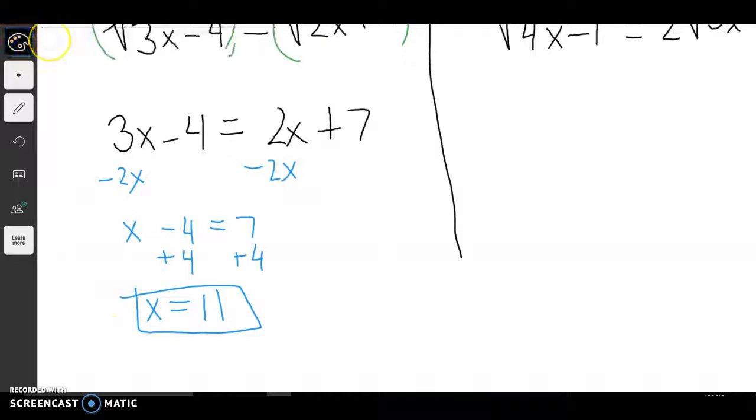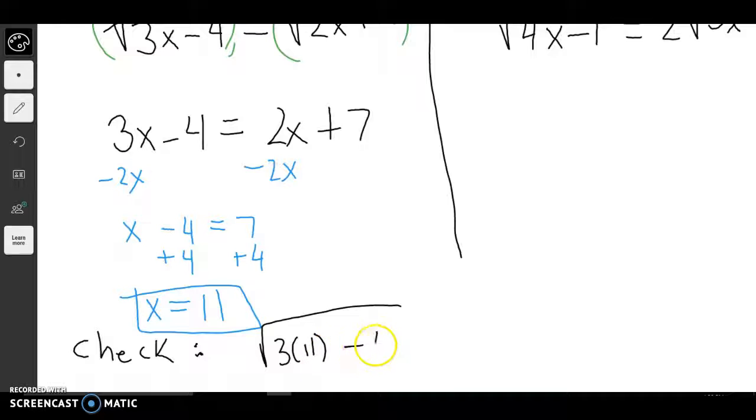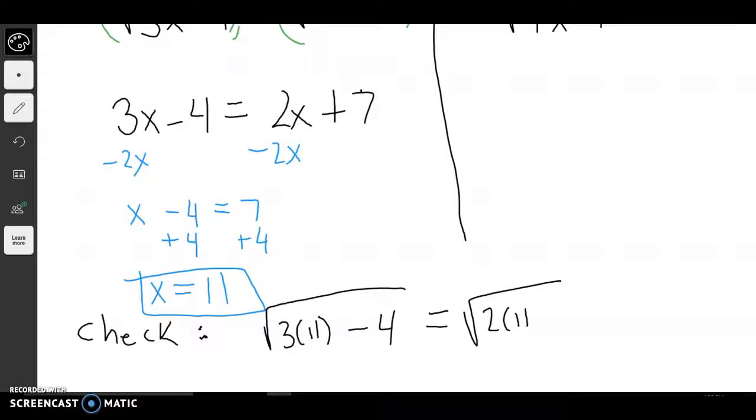Now, again, once we figure out what our answer is, we have to go back and we have to check. And we have to make sure that is true. So back in my first problem, we're going to throw that back in. So we're going to say the square root of 3 times 11 minus 4 is equal to the square root of 2 times 11 plus 7.